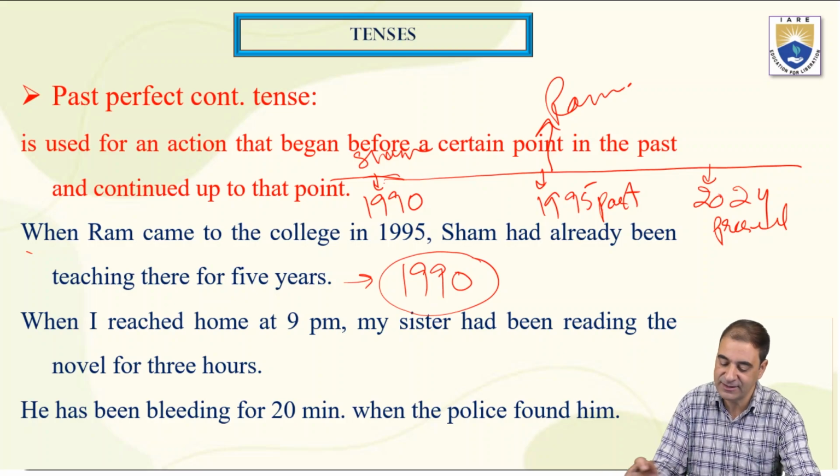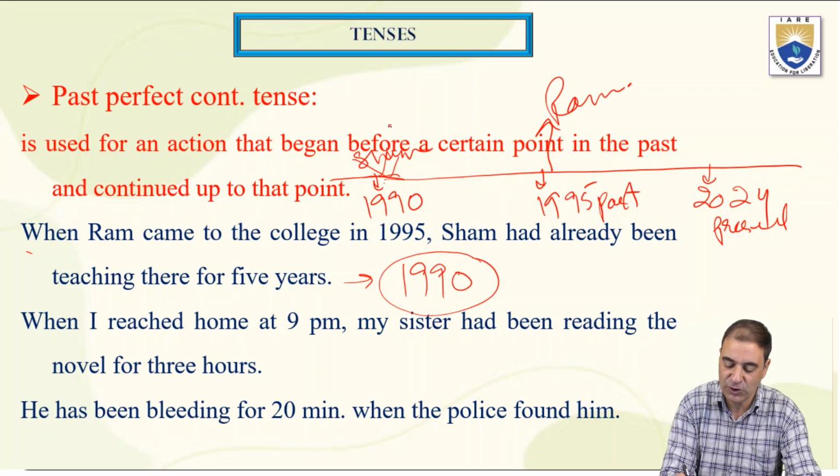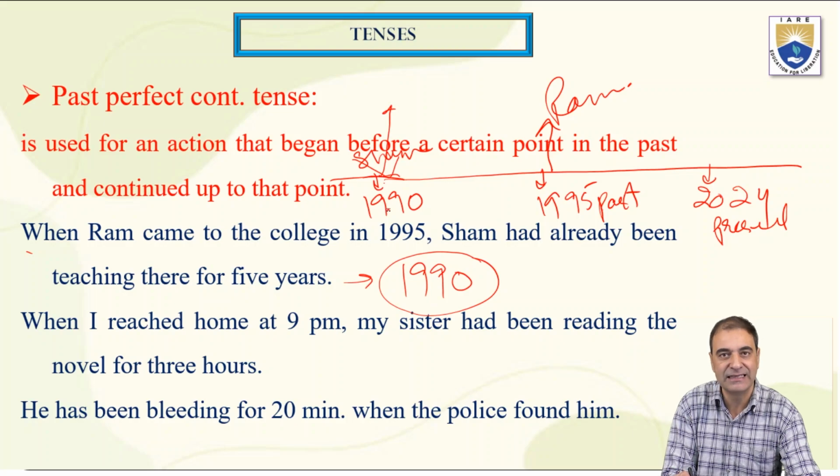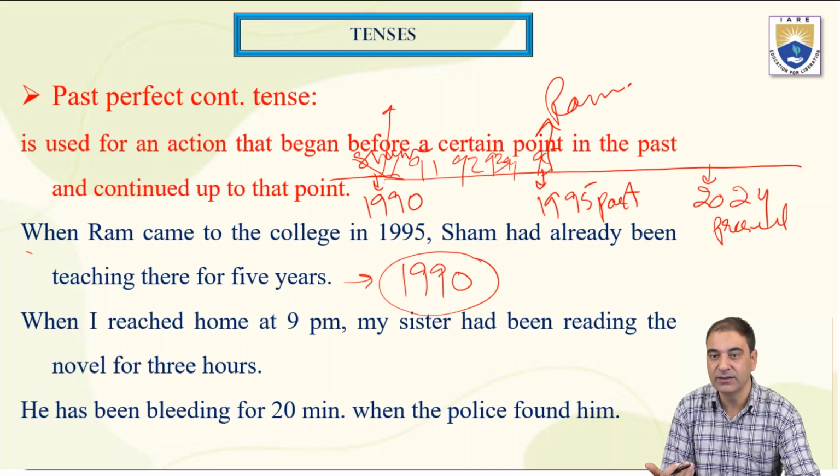But here there's one more point. Although Sham had joined this college in 1990, in '91 he was working there. '92 he was working there. '93 he was continuously working there, and '94 he was continuously working there, and '95 he was continuously working there when Ram joined the college.